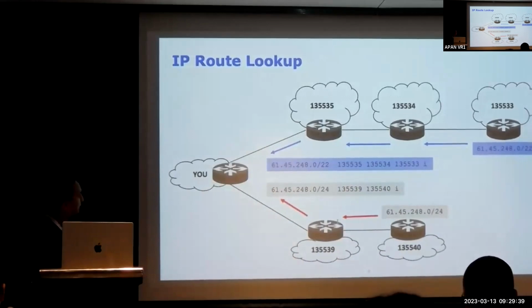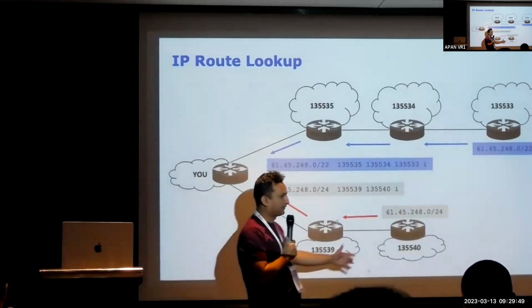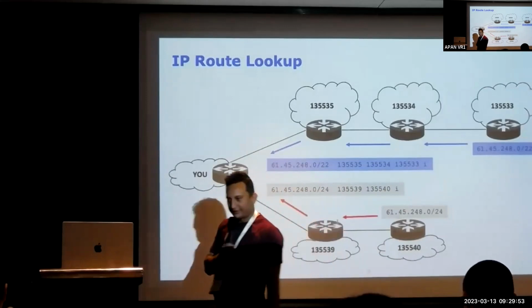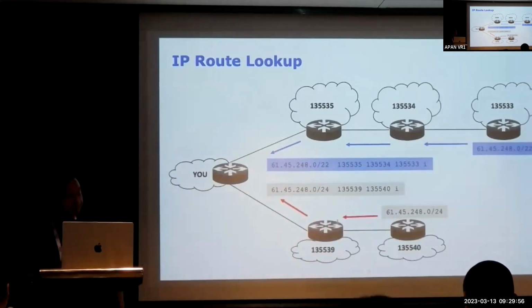So again, there is another bad guy here, who is basically announcing the same prefix, but with a /24, right? So 135534 is announcing more specific prefix than that one, right? So that's a /24.